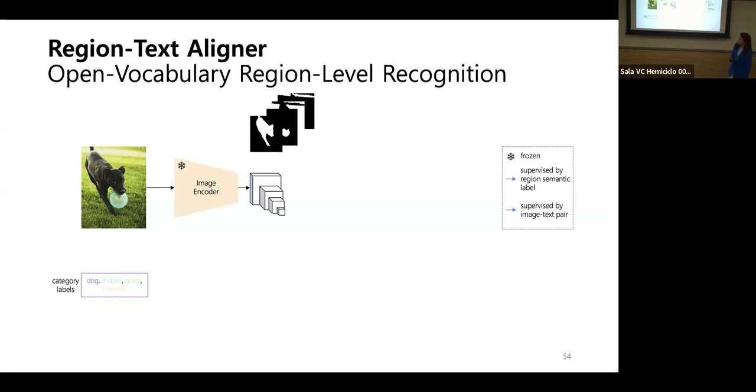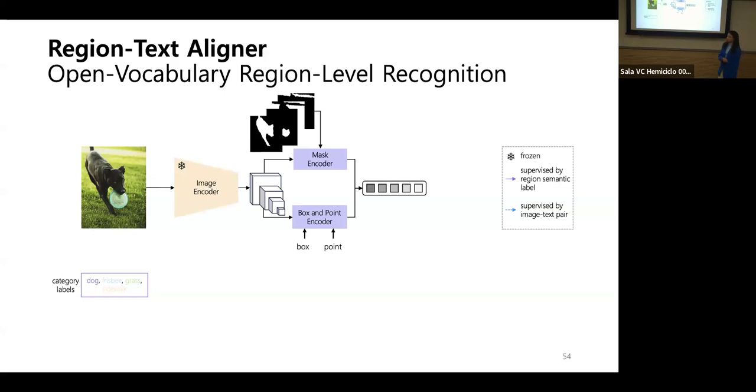In this case, we are using CLIP's image and text encoder functions. We can extract a multi-scale visual representation from the image, and then train a mask encoder to produce representations for regions in the image.